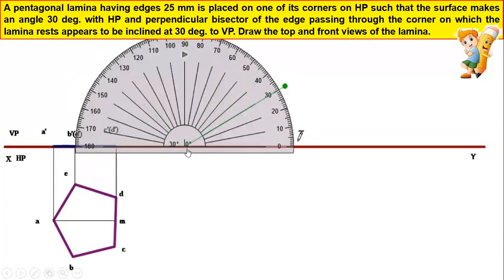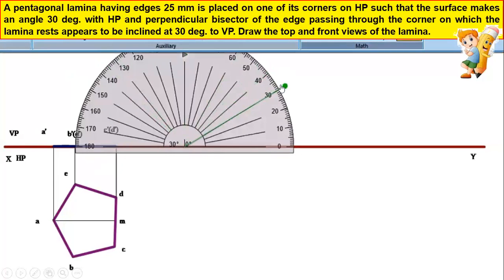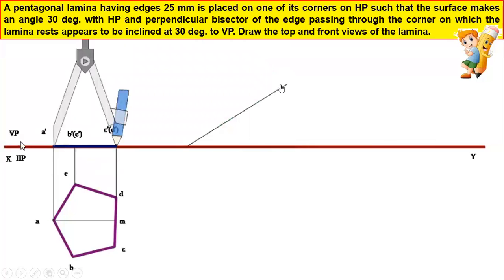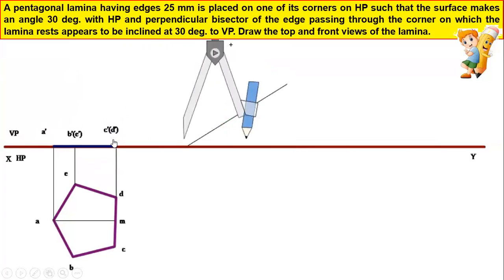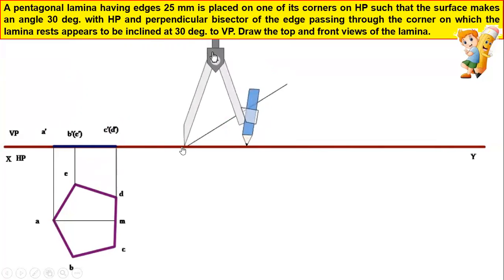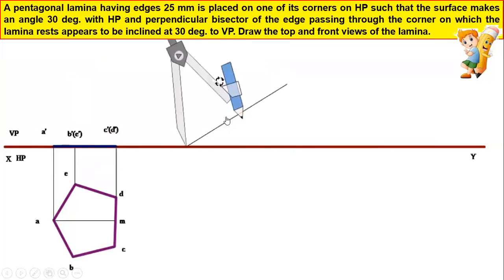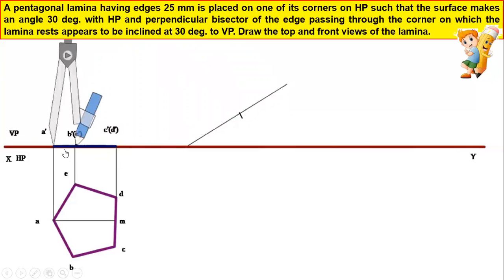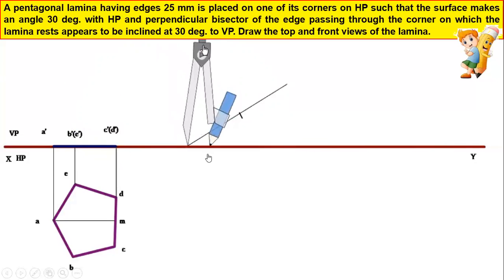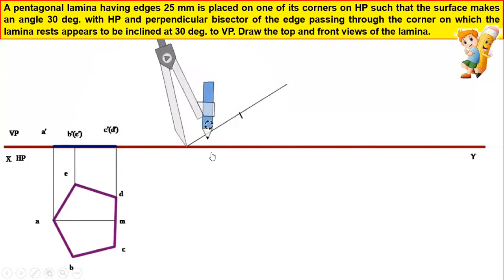Now inclination with respect to HP, the angle is 30 degrees. Keep your protractor at a convenient distance and draw the inclination line. Then measure A dash to C dash in the compass and transfer the measurement onto the inclined line. Now measure A dash to B dash and transfer the same measurement onto the inclination line.